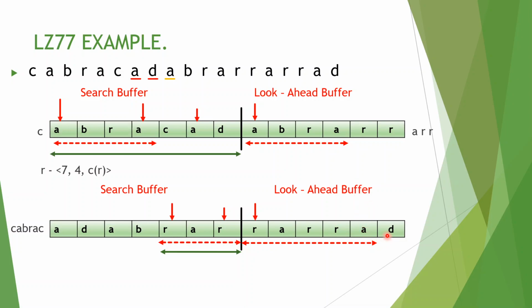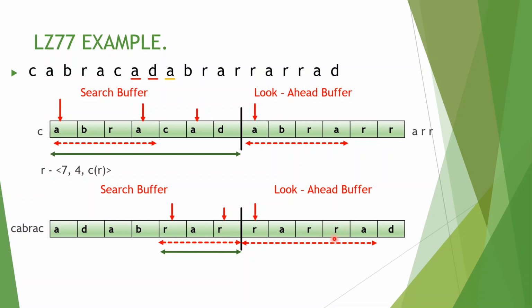If the D symbol is matched with the next symbol after A, we would consider that in the length of match. The same procedure which we do in the search buffer, we have to do in this look ahead buffer. Means what? Here the R A R is matched in the search buffer.